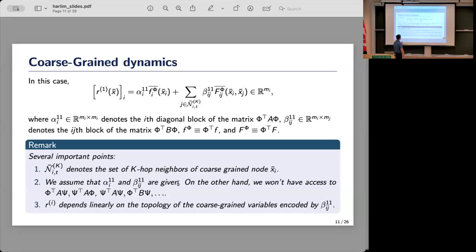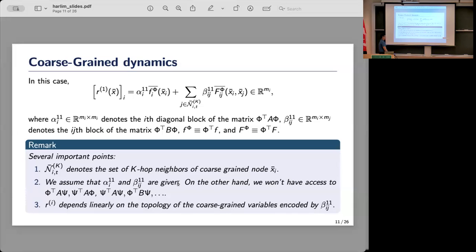On the other hand, you probably don't have this, because this is the orthogonal component of that. So we assume that we don't have access to any of this. In the notation, this is probably like alpha 1,2, the projection on the other side. We don't have any of that.